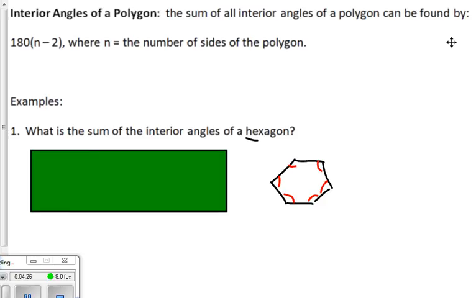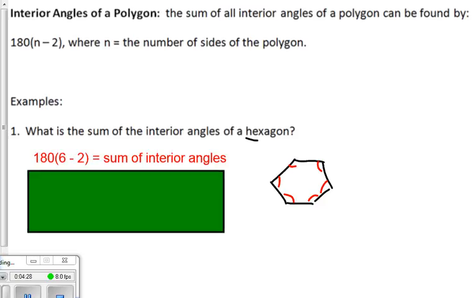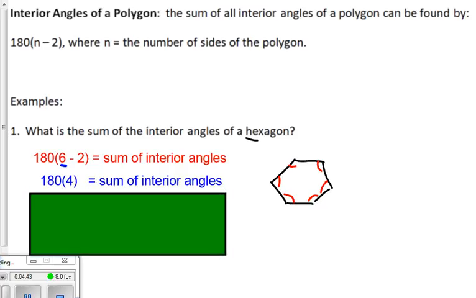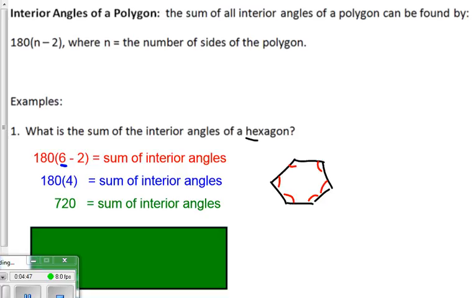Well, I'd have to plug it into my formula. Say 180 times 6 minus 2, I have to use 6 right here because it's a hexagon, is going to equal my whole sum of all the interior angles. Well, 6 minus 2 is 4, so 180 times 4 is the sum of all of the angles. And 180 times 4 is actually 720.